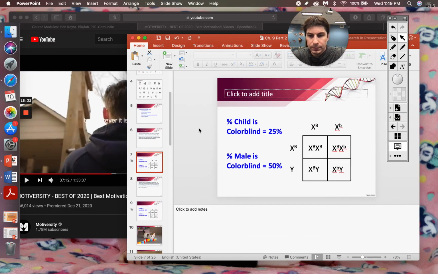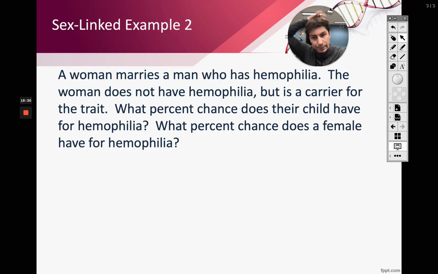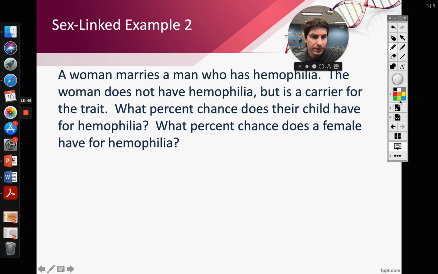Okay. I already did that with you guys. A woman marries a man who has hemophilia. The woman does not have hemophilia, but is a carrier for the trait. So, hemophilia, again, it's recessive, so we'll just use B's here. She's X big B, X little b.